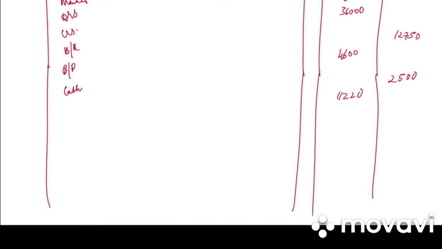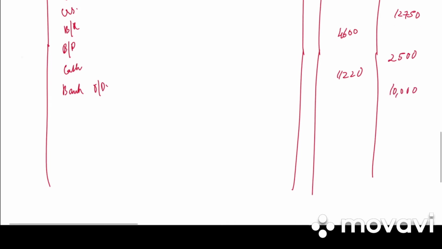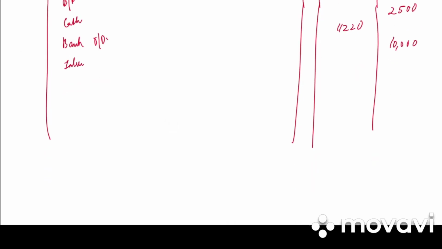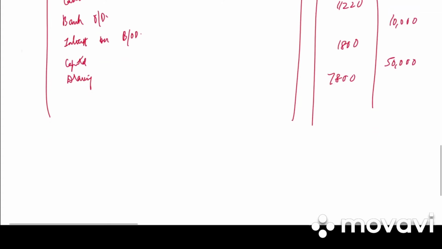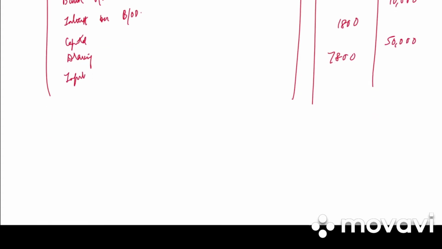11,220 debit side. Bank overdraft, 10,000 credit side. Interest on bank overdraft, 1,800 debit side. Capital, 50,000 credit side. Drawings, 7,800 debit side. Input CGST, 5,000 debit side.